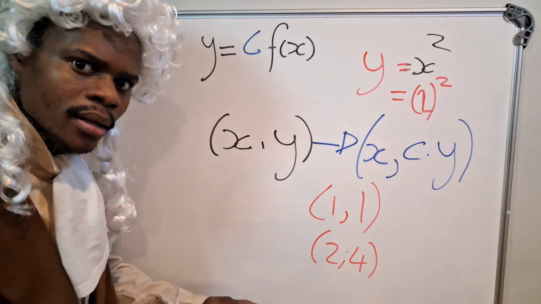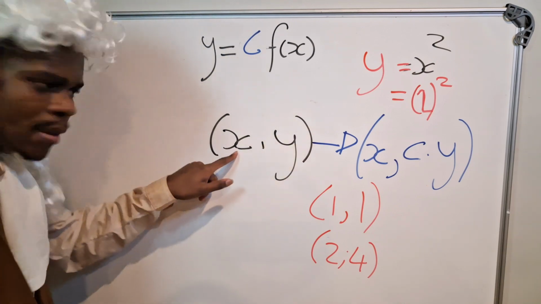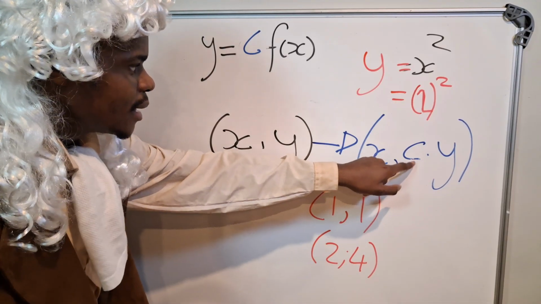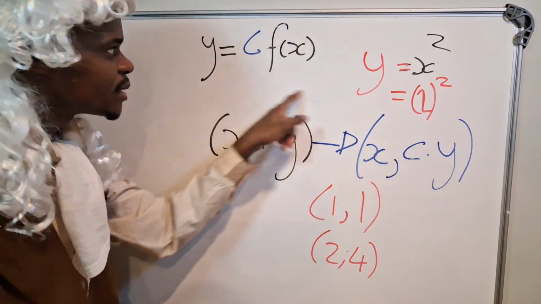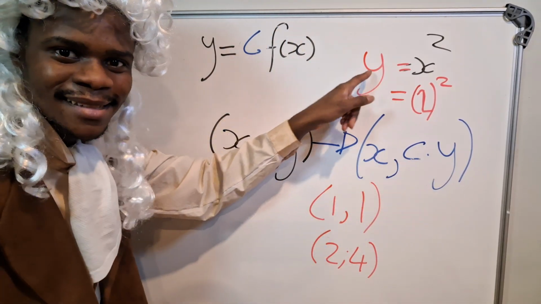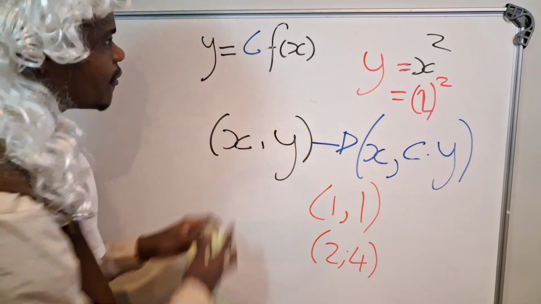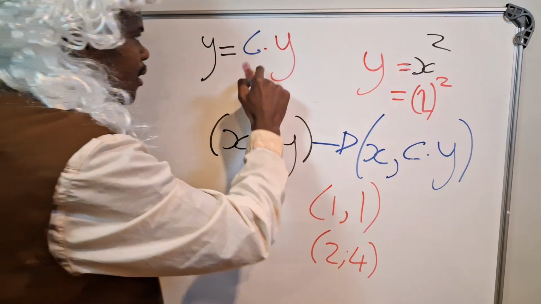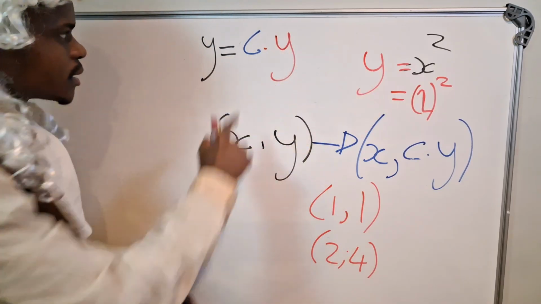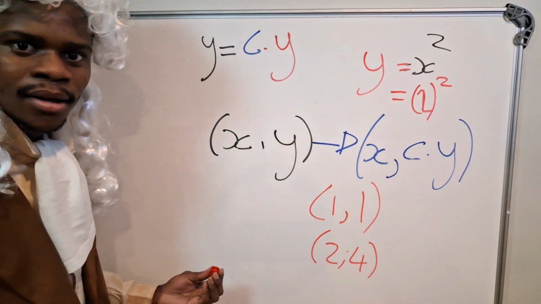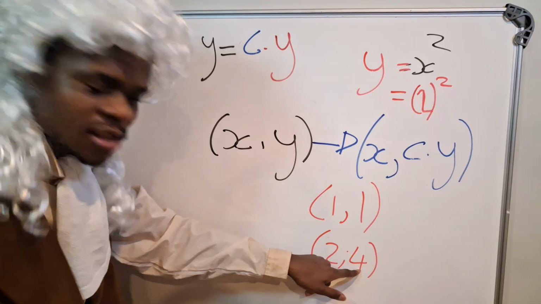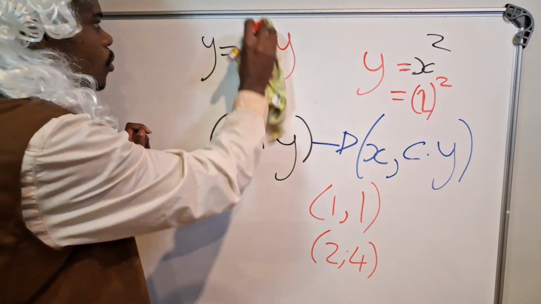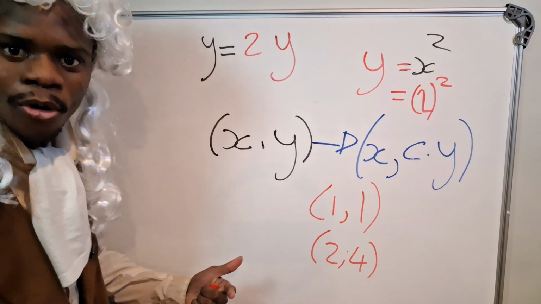So what are we doing here? We're keeping x the same, but the c is multiplying y, because this f of x is the same as y. So another way of writing this, it can be written like this: c times y. Think about it. Since y is 4, and let's say our c is 2, what's 2 times 4?